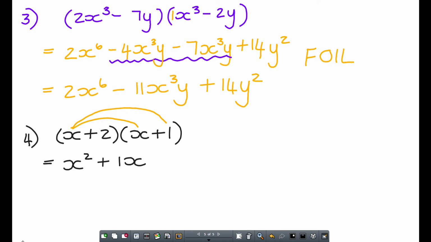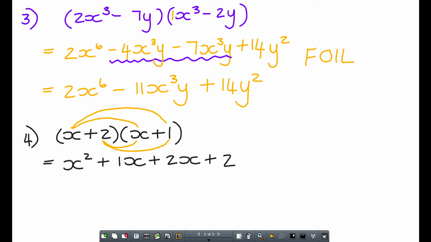Doesn't matter. Now, inner means these middle two. So 2 times x gives me 2x. But it's got to be positive 2x. Alright, then the L is for last. So last term times the last term. So 2 times the 1, and that gives me 2.